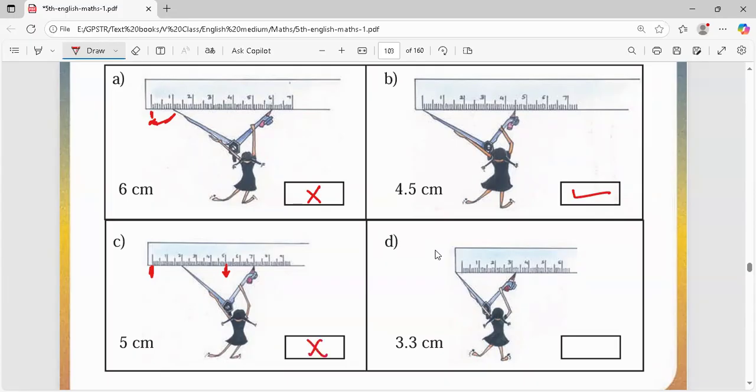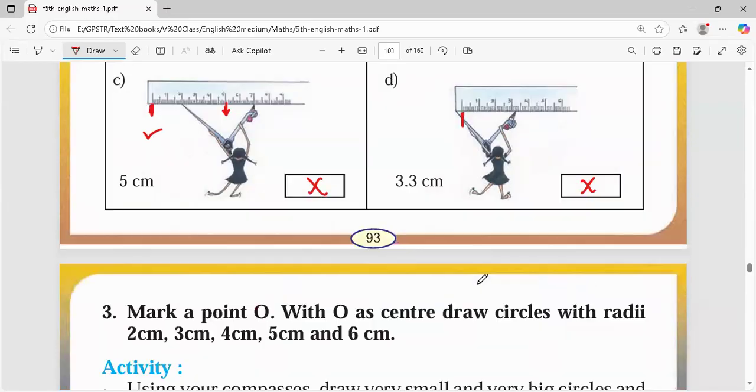This is wrong. Here I have pointed rightly. Next, 3.3 centimeter. See, it is out of 0. The needle should be here. This is right. This is the correct way of measurement.